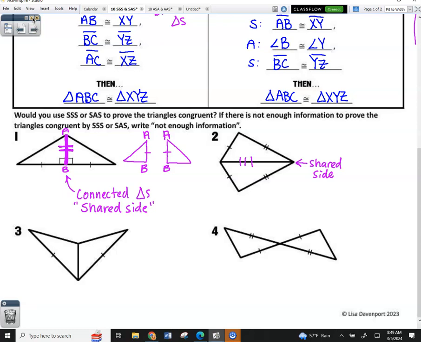You can't highlight the whole paper, that defeats the purpose. You highlight strategic things so it draws your attention to it. We're going to highlight the sides that are congruent. And then we're going to go to the angle and exaggerate the congruence marking.